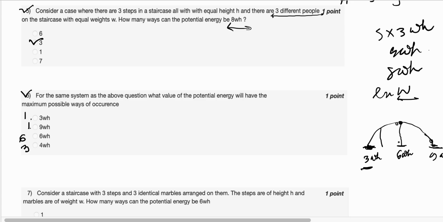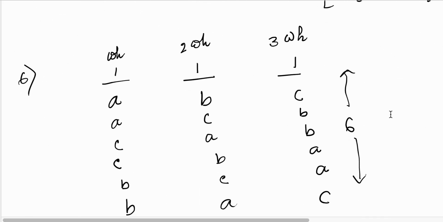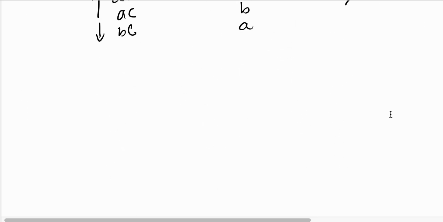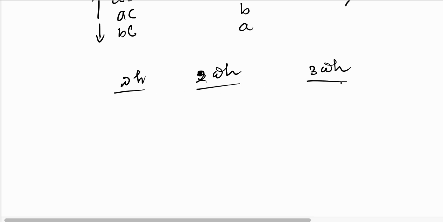That means the entropy will be maximum, as we are discussing, and if the entropy is maximum, then in that microstate the information should be minimum. Let's see that. If I want to get 6 omega h energy out of the system, then we have to distribute the 3 individuals with one individual here, one individual here, and one individual there.